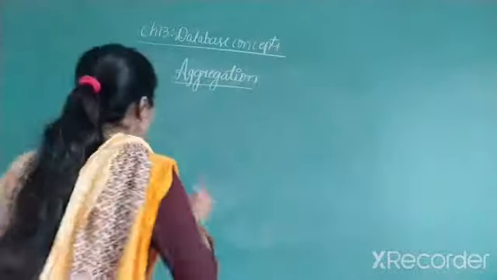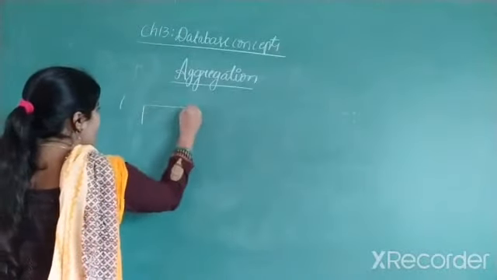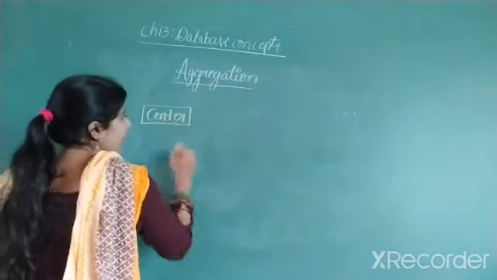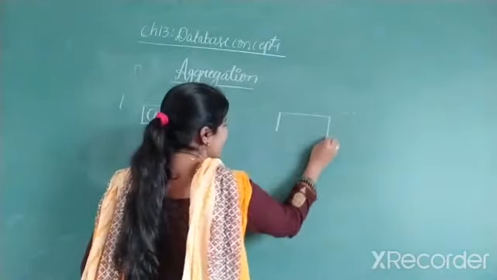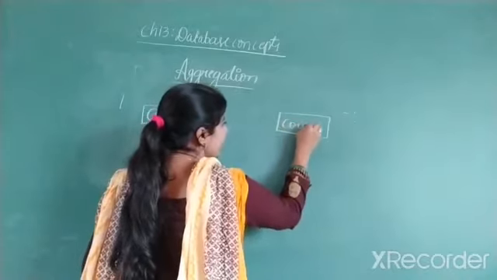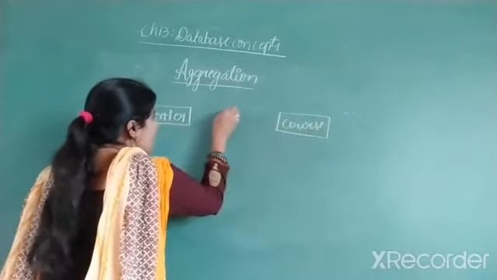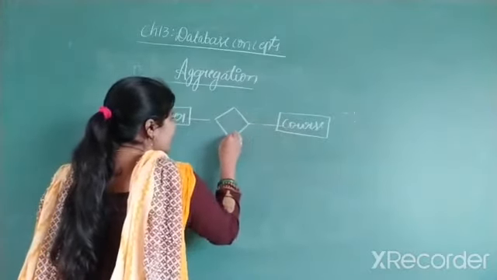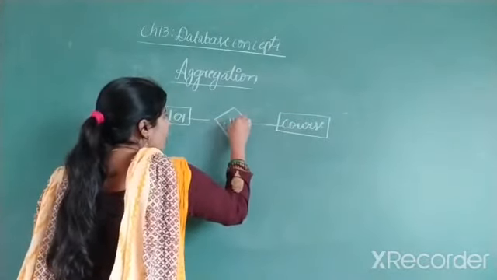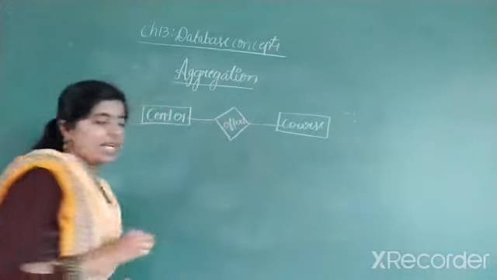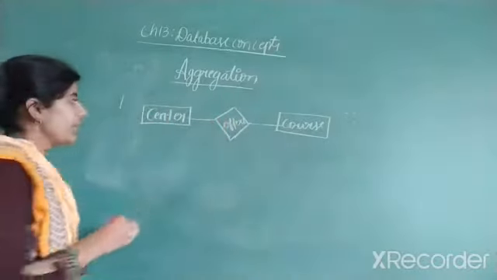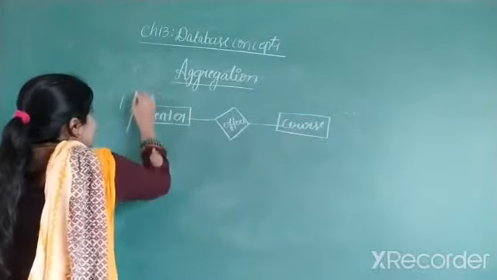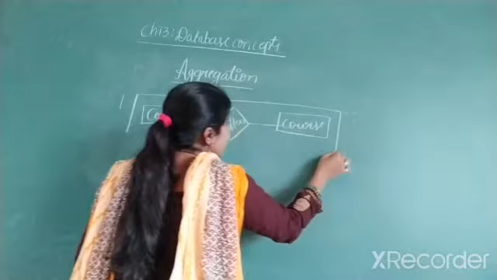For example, the first entity is considered as a center and the second entity is considered as a course, and the relationship between these two entities is taken as offers. What do you mean by aggregation? The relationship between the two entities is again treated as a single entity.